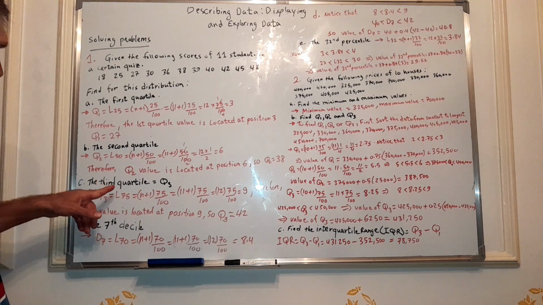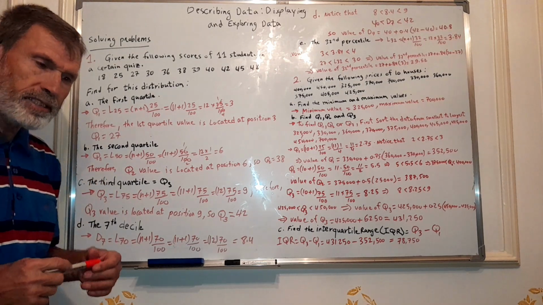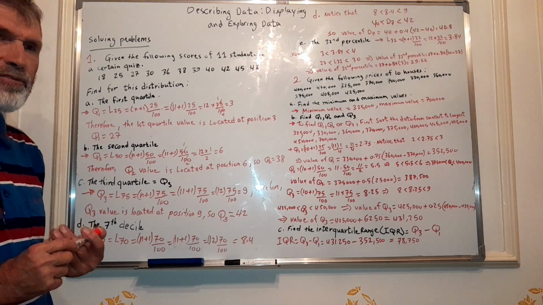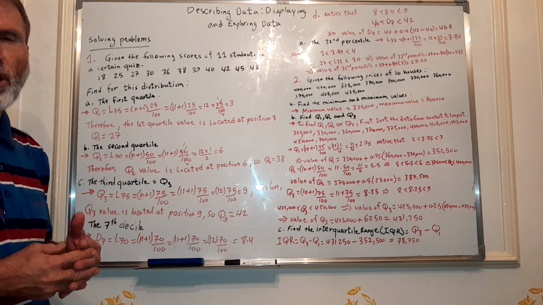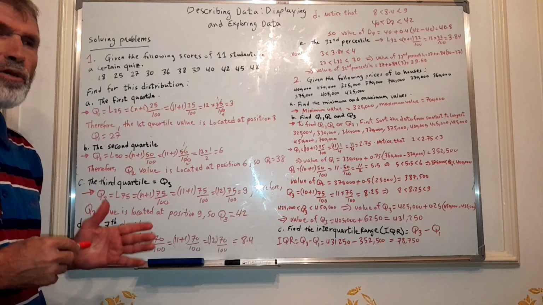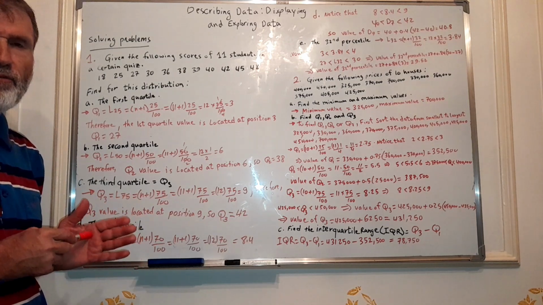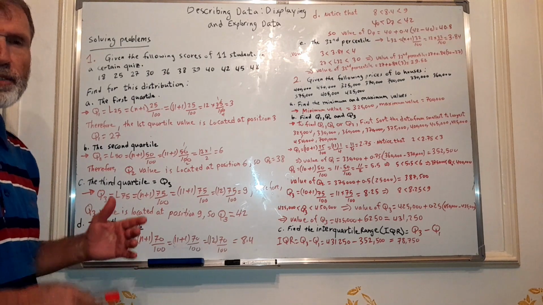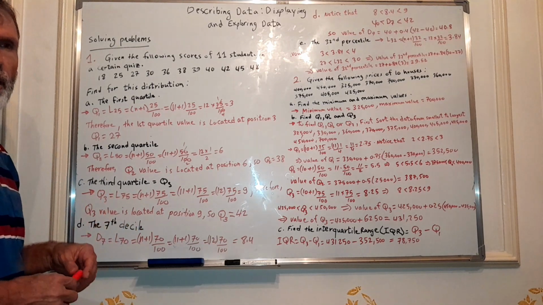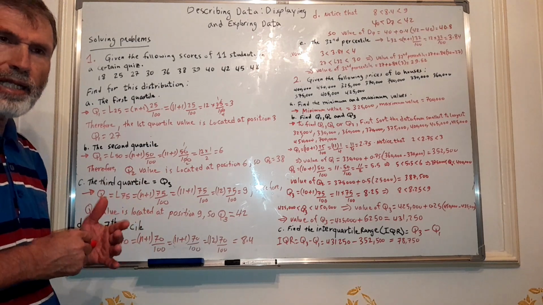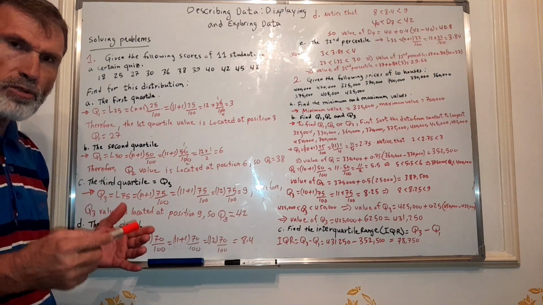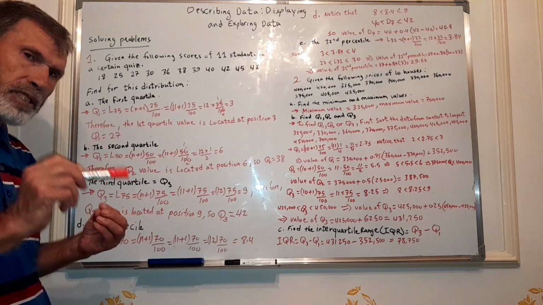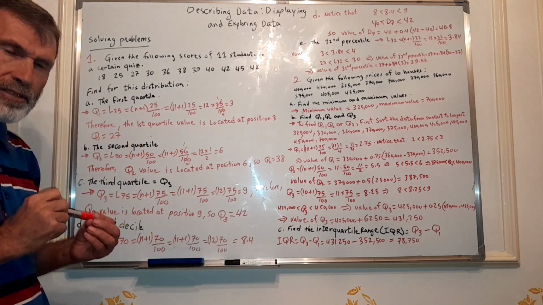Now, the third quartile is the value below which 75% of the observations occur. To find the value of Q3, the third quartile, we're going to use the formula L75, which is equal to (N plus 1) times 75 over 100.